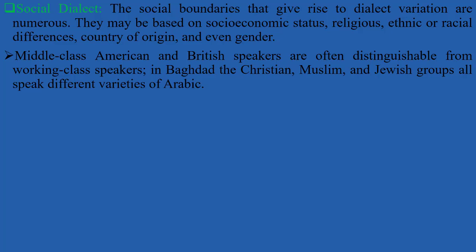Middle class American and British speakers, for example, are often distinguishable from working class speakers. And then in Baghdad, the Christian, Muslim, and Jewish groups all speak different varieties of Arabic. So these are social dialects, which are based on social factors.